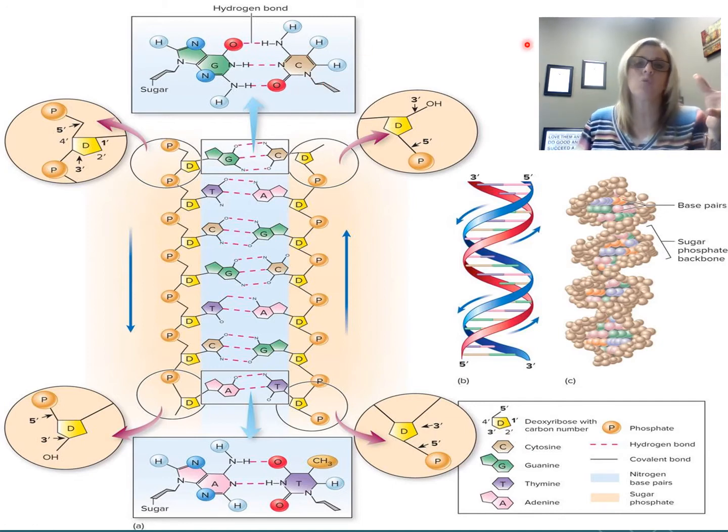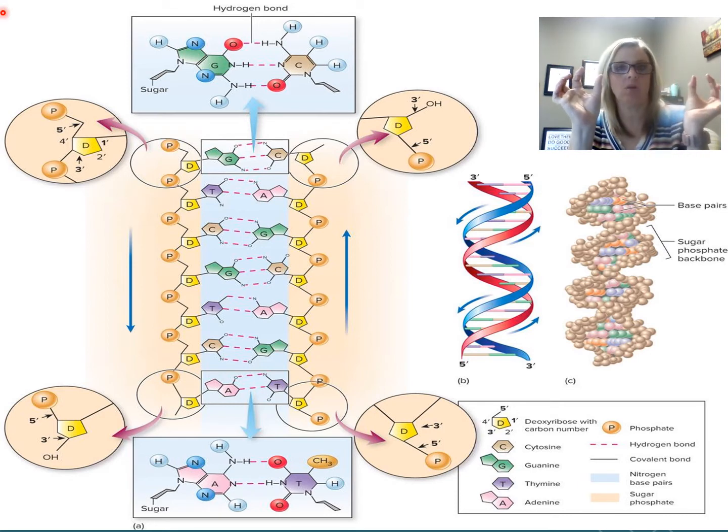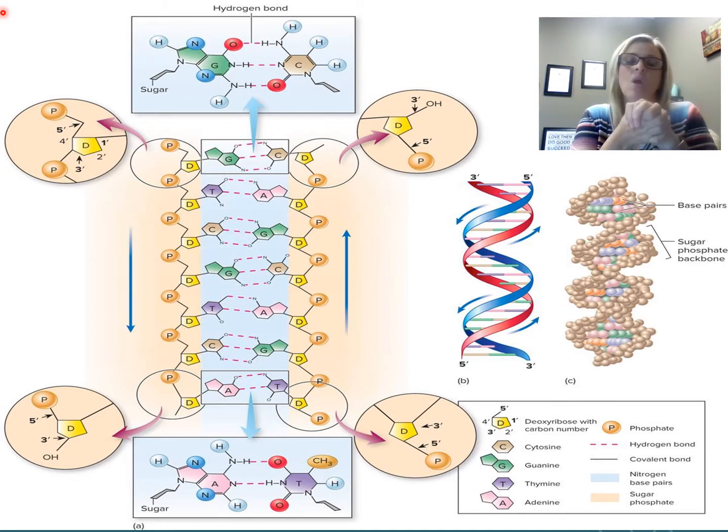And so those are going to join with what we call complementary bases. And so you're going to have a matched set, a pair, all right? Like maybe you have a pair of earrings that are complementary to each other. Or you have two puzzle pieces that fit together just right. They're complementary to each other. So you're going to have adenine that is always going to bond with thymine for DNA.